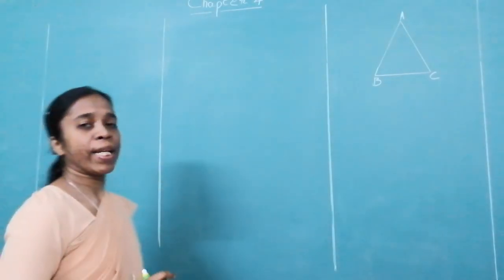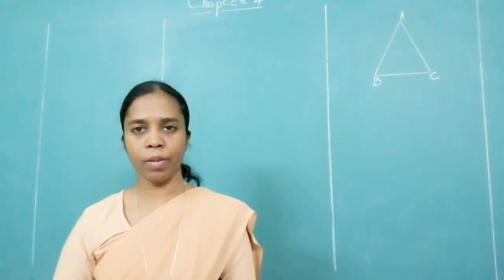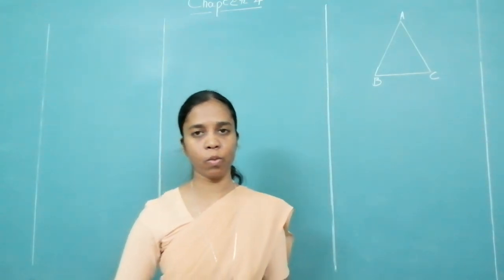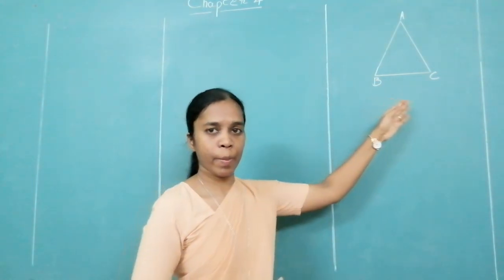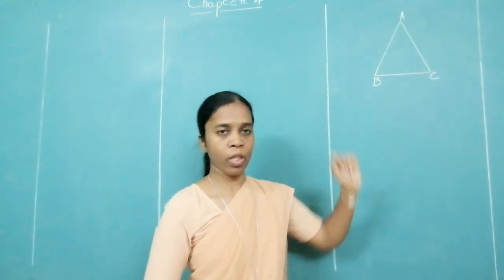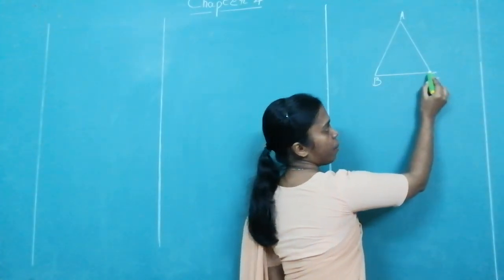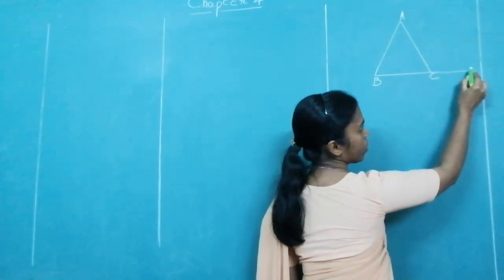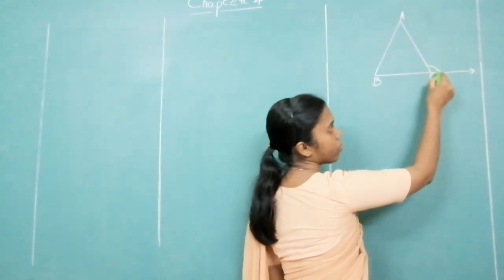Okay, we will go for the next property. What is the next property? Exterior angle property. Now what is the exterior angle of a triangle? I have a triangle ABC. Suppose I extend this ray BC to here. Now you can see that I get an angle over here.